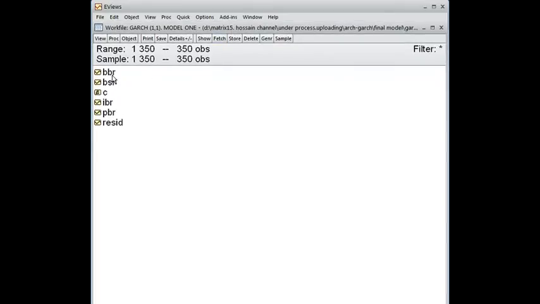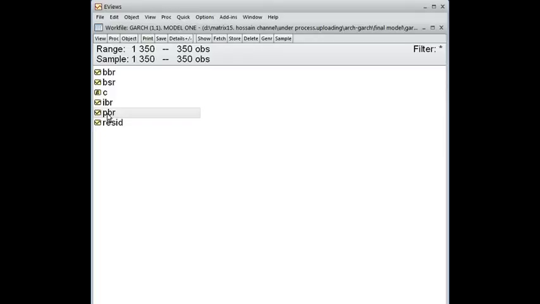And we have the variables here. You can see BBR, BSR, IBR, PBR. What is BBR? Bangladesh bond return. What is BSR? Bangladesh stock return. What is IBR? Indian bond return.